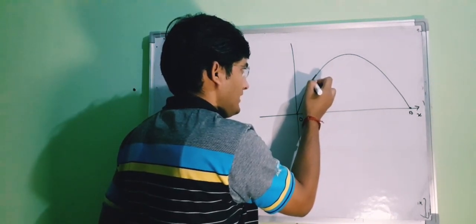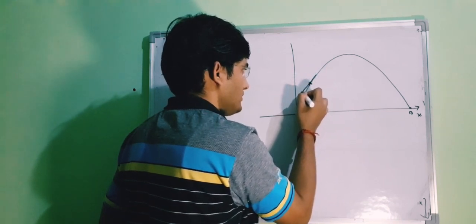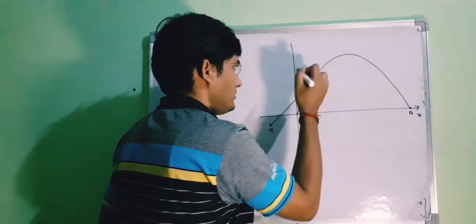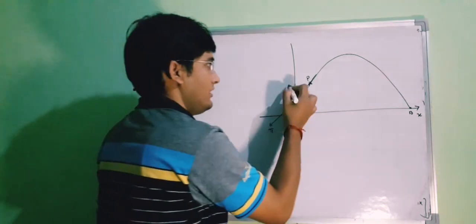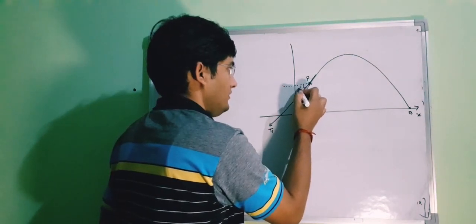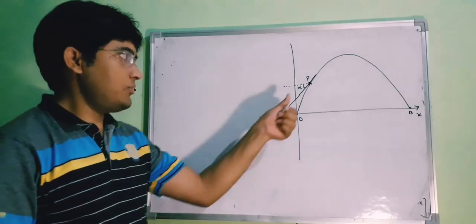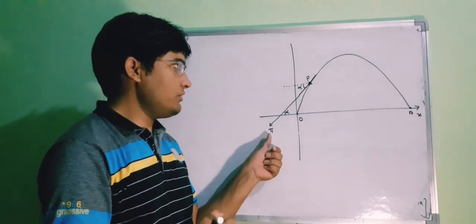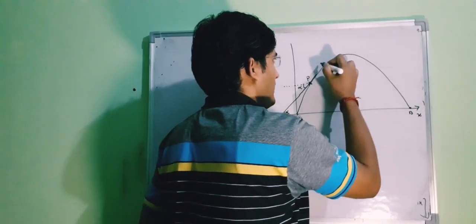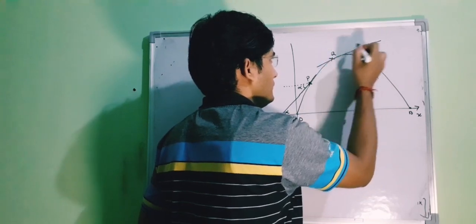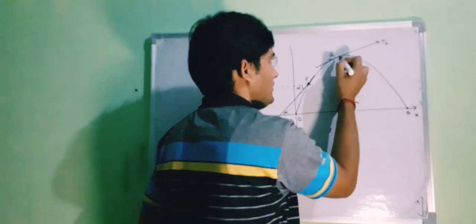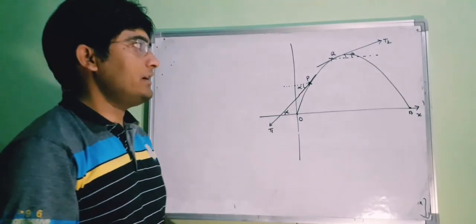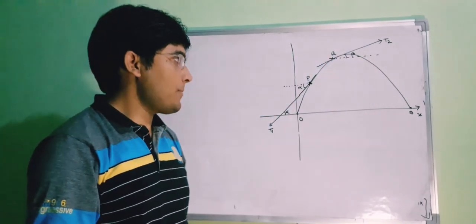So now the tension at this point of the string is T1. Say this is the point P which has an angle alpha. Now suppose that this is the tension at point P, T1, and the tension at some point Q is T2, and its angle with the horizontal line is beta.